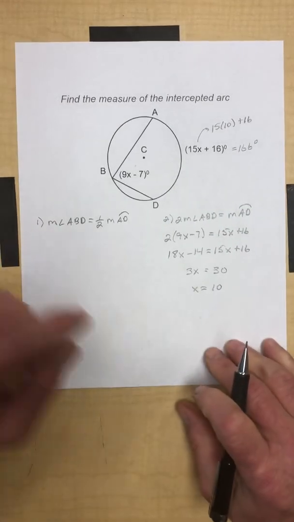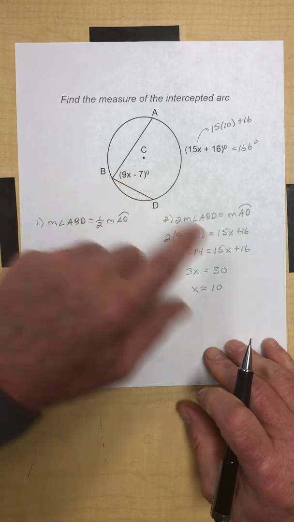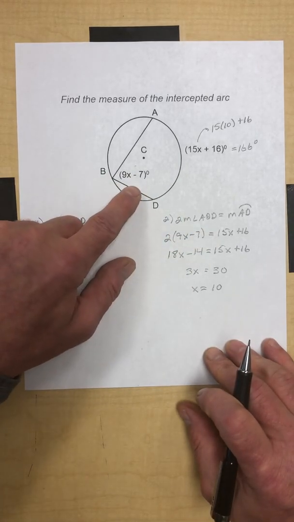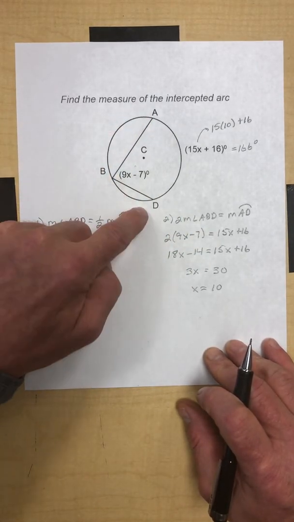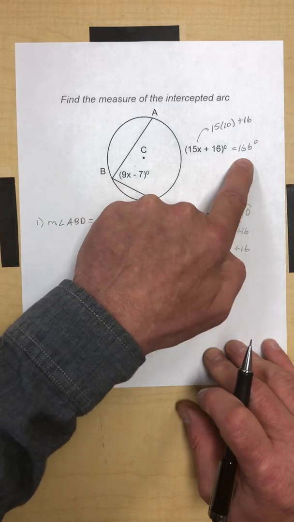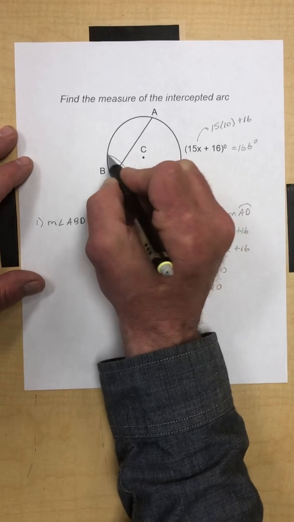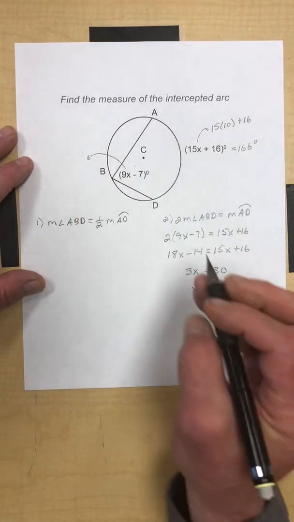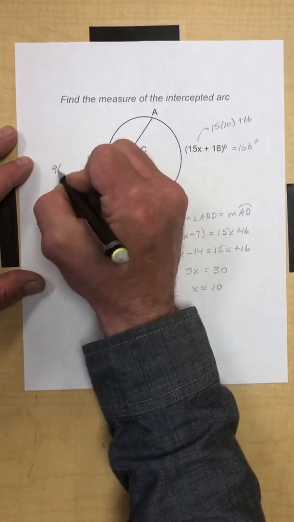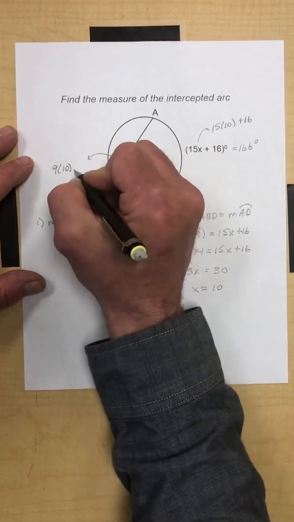Certainly you want to take a look here and make sure this works out. So this guy right here, the inscribed angle, should have an angle measure that is half of 166. So we go in there and we substitute. 9 times 10 minus the 7.